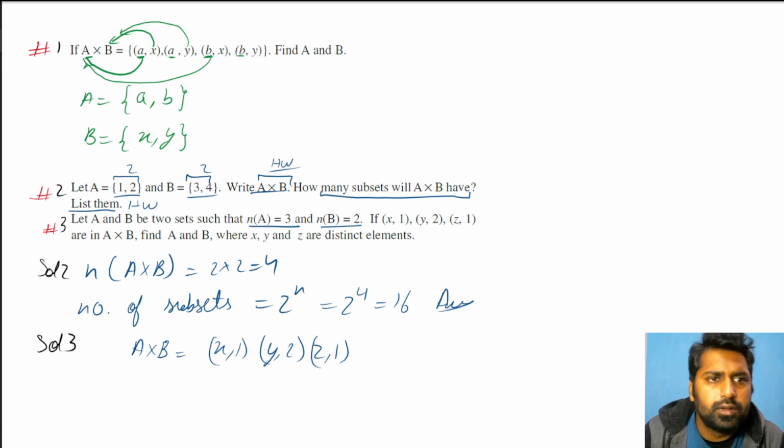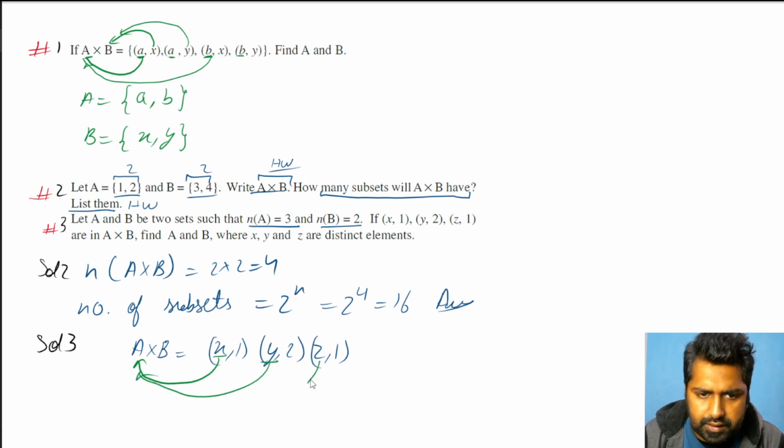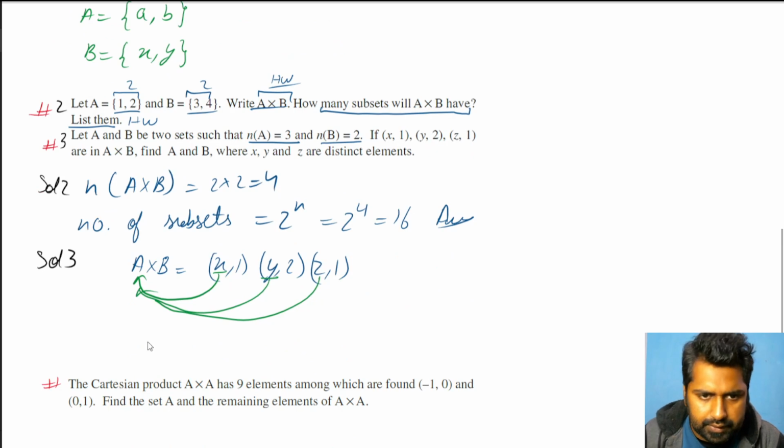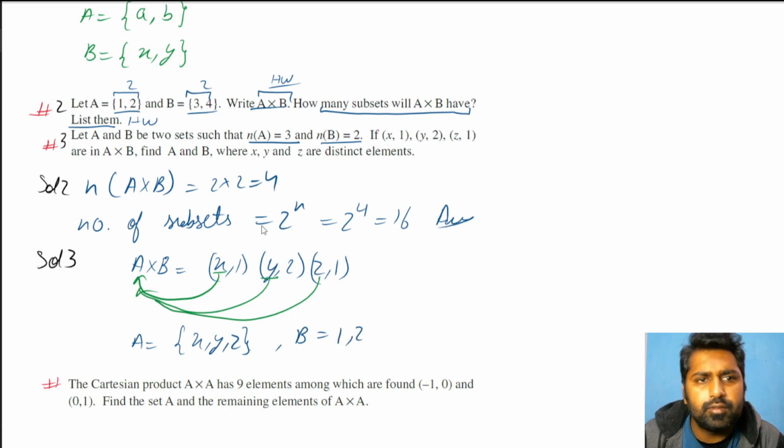Okay, again you have to use the same idea. The first element comes from A: x, y and z. They all come from A. I think 3 elements we have to find, so we can easily identify now that A set has x comma y comma z as the elements, and B, the second element: 1, 2.